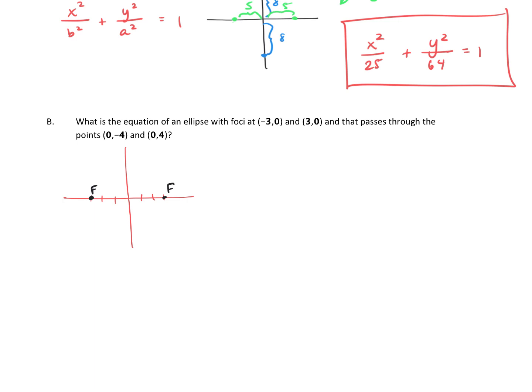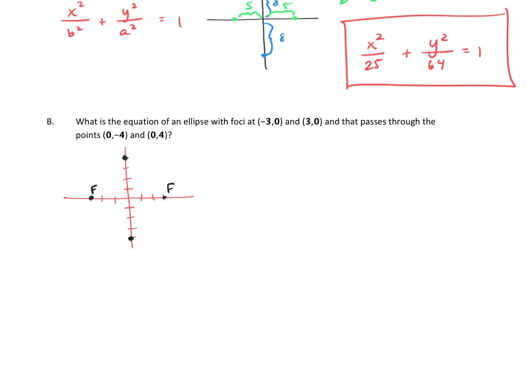And then our ellipse is going to pass through the points (0, -4) and (0, 4). Those points are on the y-axis, and -4 is down here: 1, 2, 3, 4.